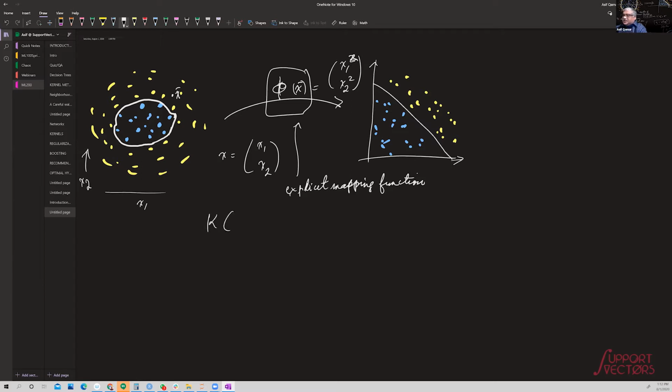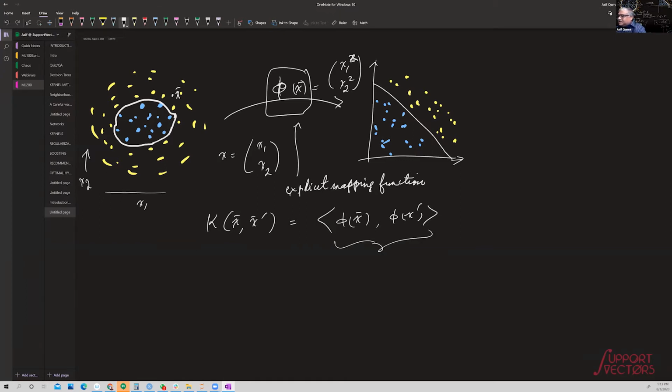The kernel is a function given two vectors, x and x prime. What you do is first the inner product of phi x and phi x prime. What is a dot product? It is the similarity between two vectors, sort of a measure.